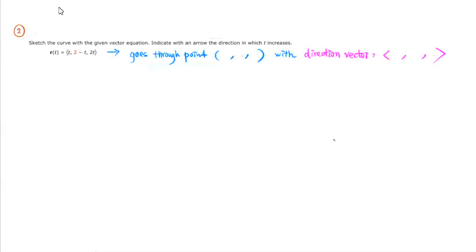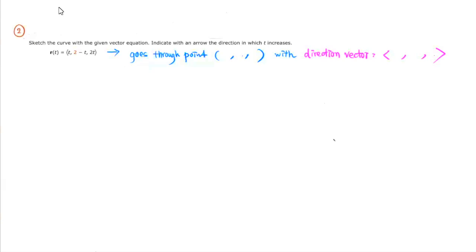Does this remind you of something? Comparing this with this, can you tell me what x naught is? This one is x naught plus at, this is y naught plus bt, and this is z naught plus ct.